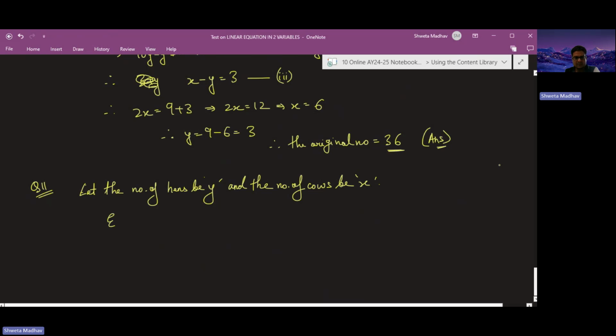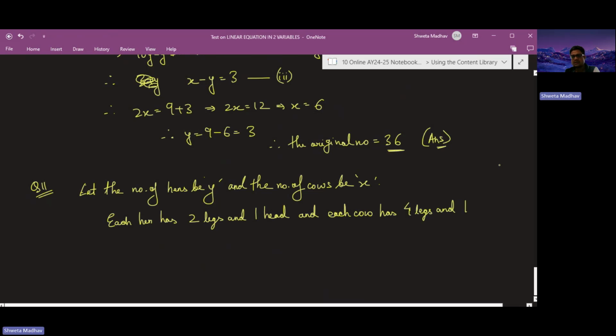As we know, each hen has two legs and one head, and each cow has four legs and one head.